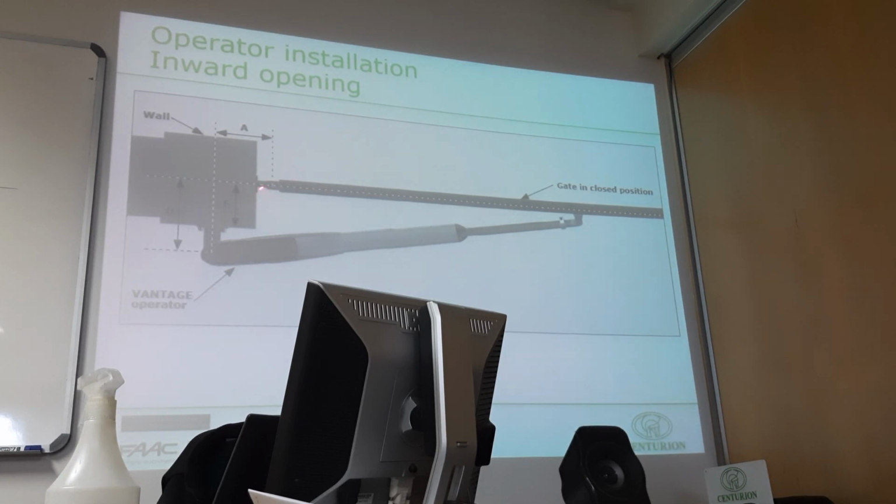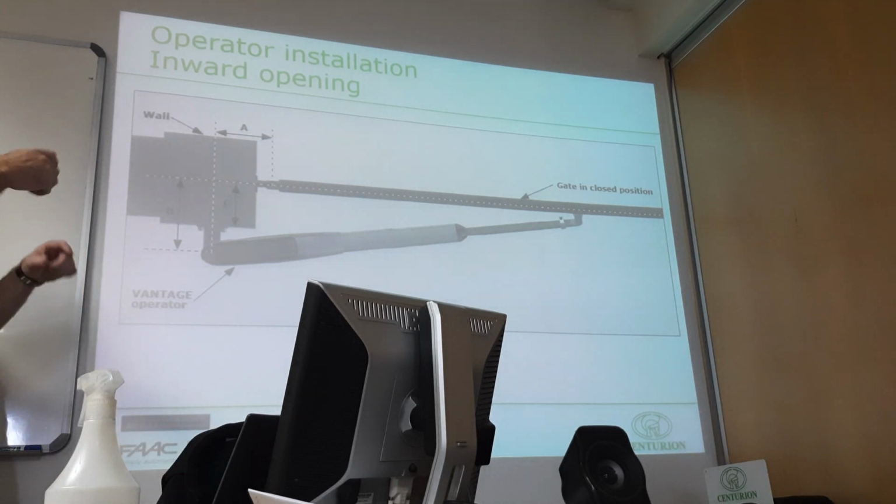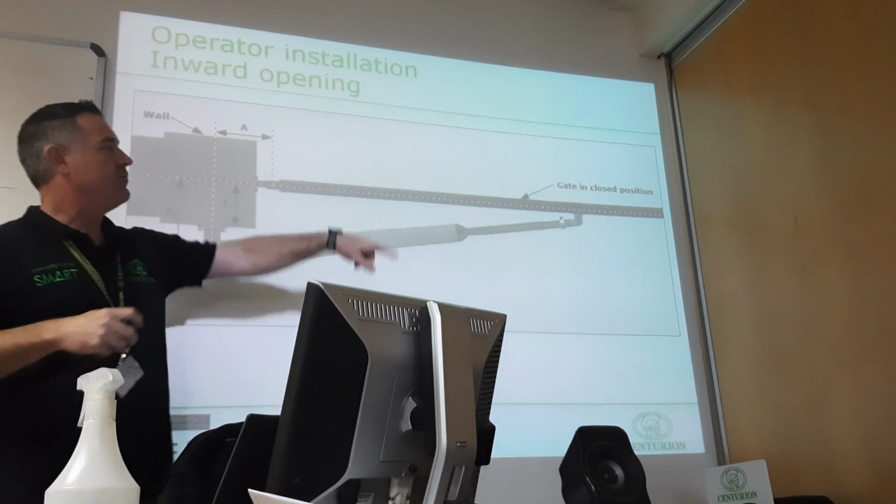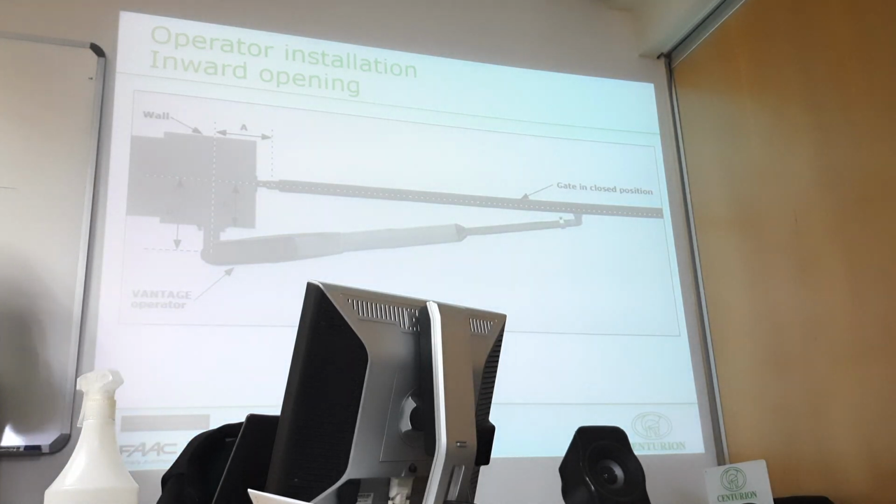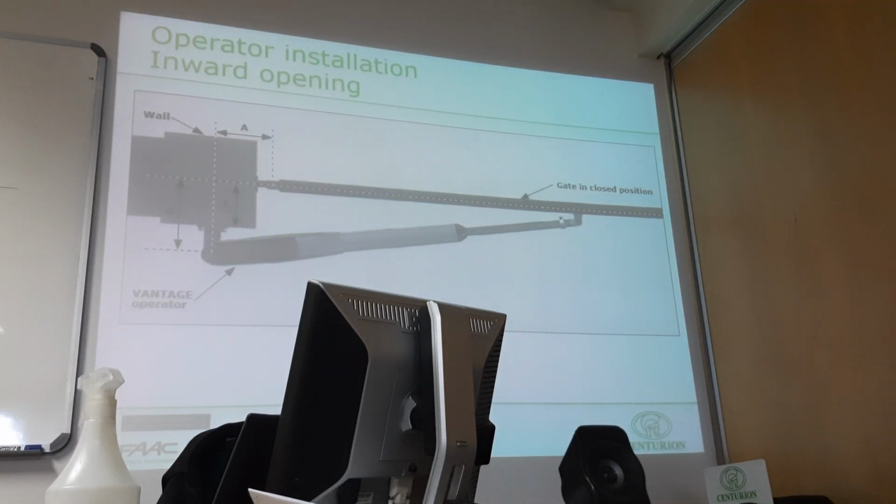They don't look at the A and B, they just go to site, put the bracket on with the length we give you, mount the motor, extend it to its fullest, and fit the gate bracket, and that's it. Not even looking at the manual, not even looking at what the angle should be. Nine or ten times it does work, but sometimes it will definitely give you issues. But if you do your A and B values correctly, then this operator should give you no issues. Okay, so let's have a look.